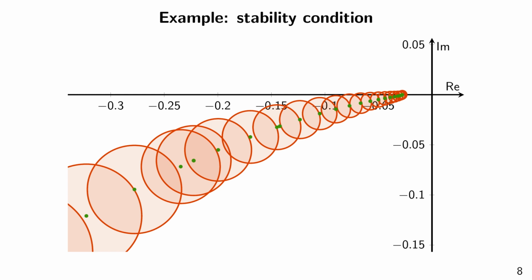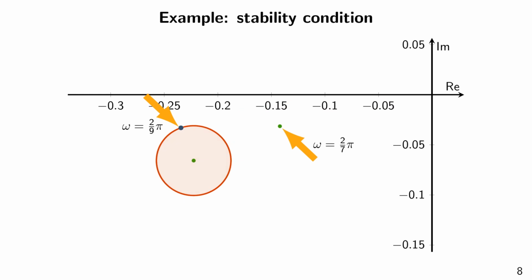We perform the upper bound calculation for each of the frequencies on the grid, and search for the smallest Ku. For the nominal system, the frequency where the minimum occurs is 2/7 pi, and for the uncertain system, it is 2/9 pi. Let me get rid of the rest of the points for clarity.